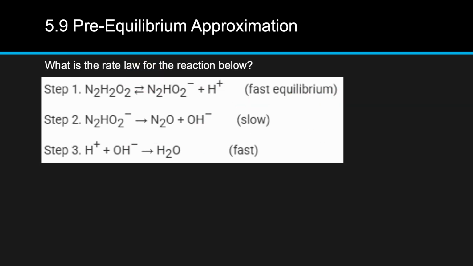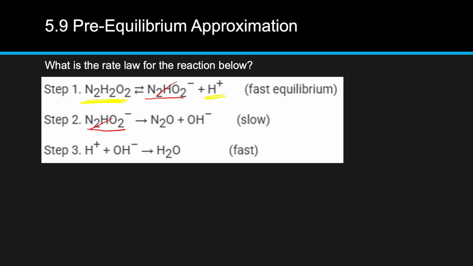All right, so for this example, we can see our step 2 is still our rate determining step. We can see that N2HO2 minus is also present as a product in step 1, and it is nowhere else in the mechanism. So this is our intermediate. So now what we have left before the reactants of step 2 is a product, H+, and our original reactant, N2H2O2.